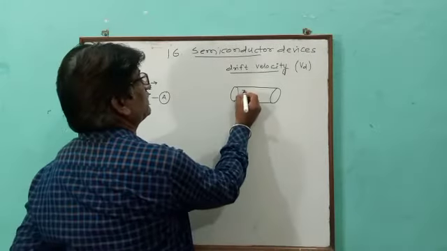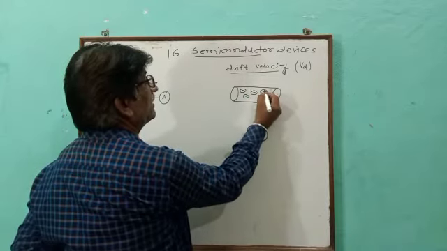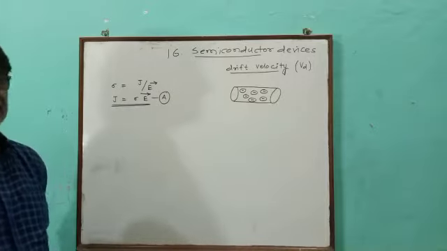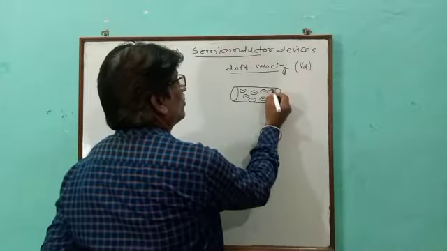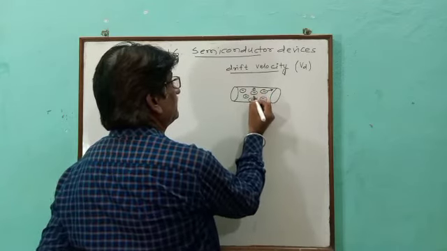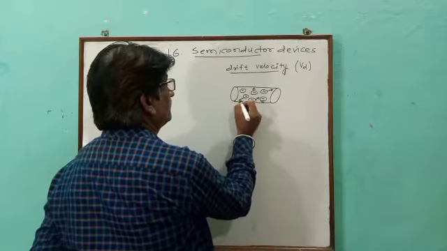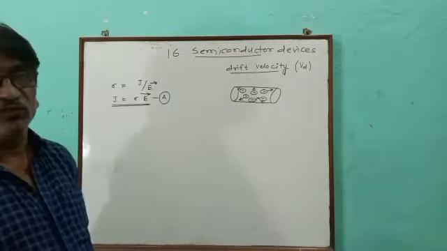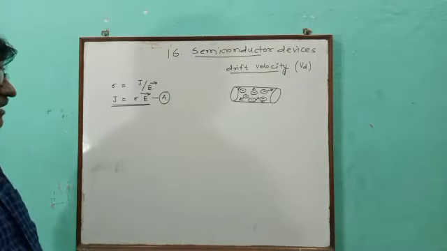Suppose this is an electron, this electron is here, this electron is here. These electrons inside the metal can move randomly.